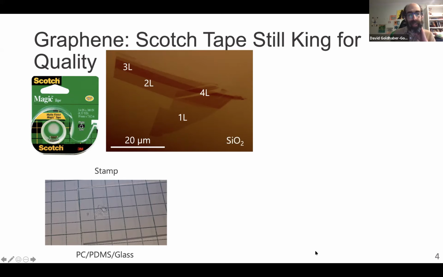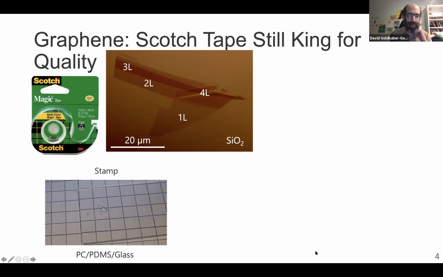So as I said yesterday, all these samples with their beautiful, exquisite physics are still made using a relatively old-fashioned, and I would call artisanal technique.